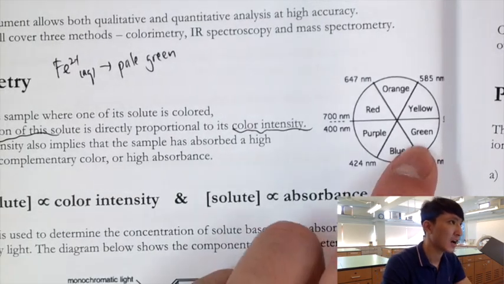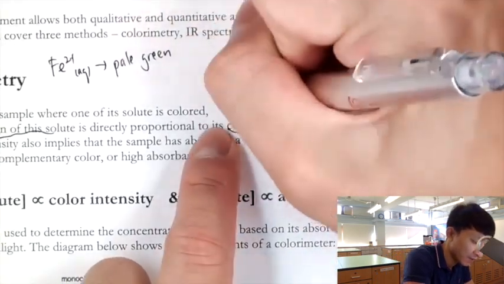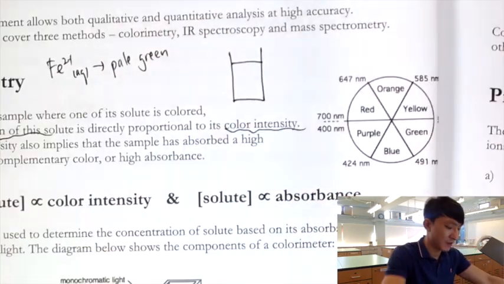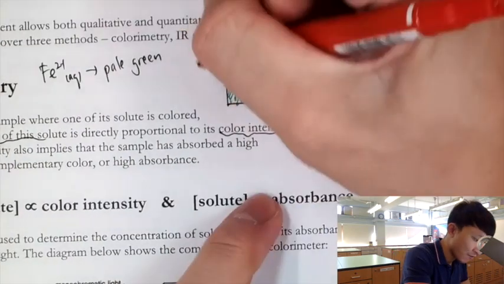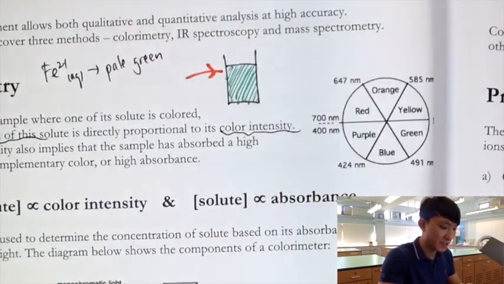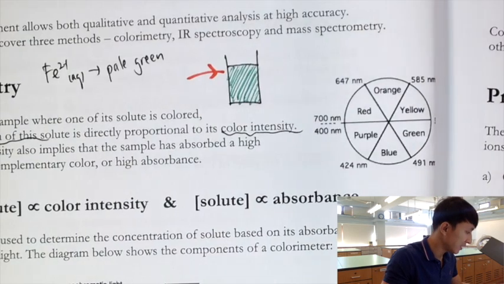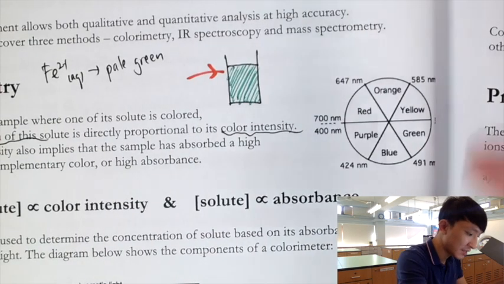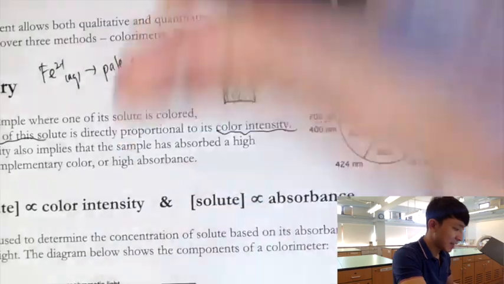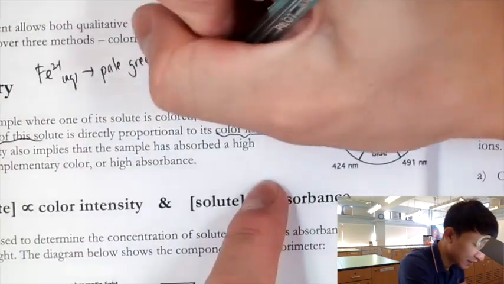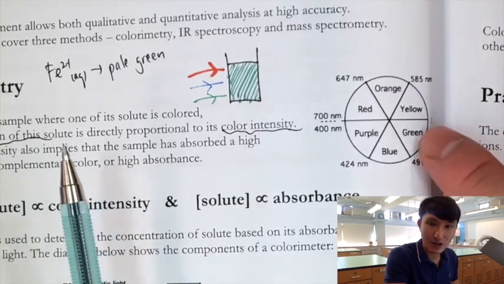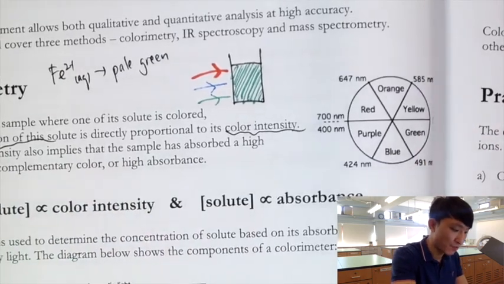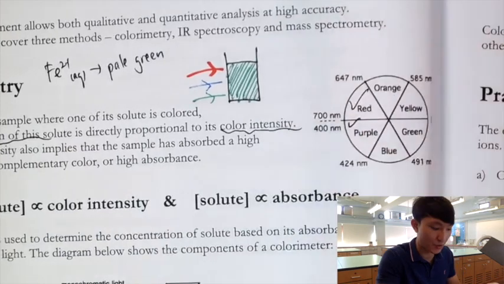So if I have a sample which is green in color, and you have red light going through it, or blue light, or green light going through it, like I said, the green sample will mainly absorb the red and the purple or blue, right?